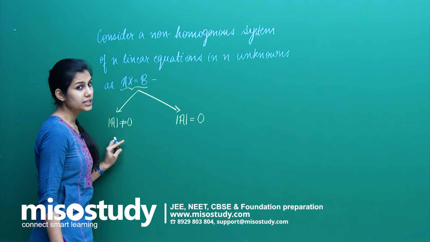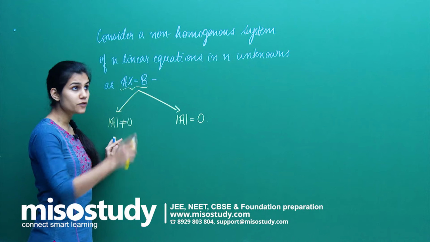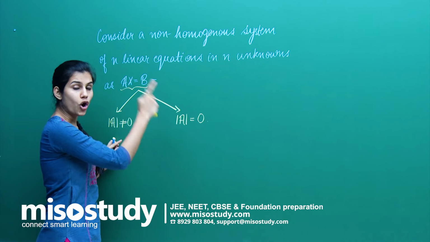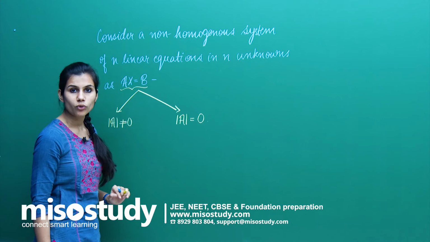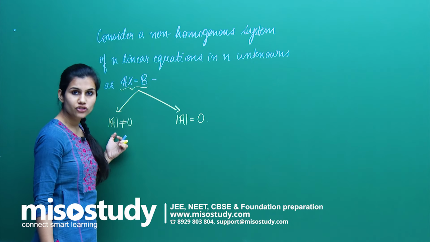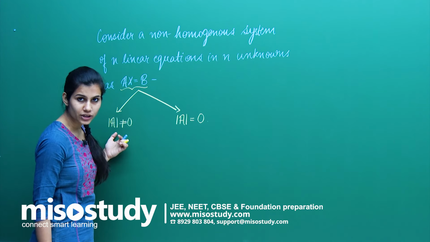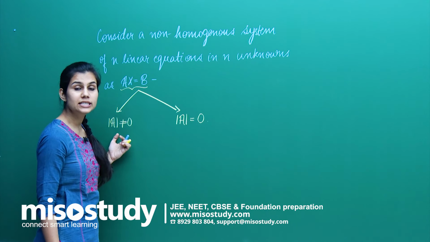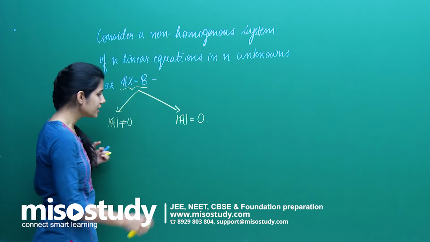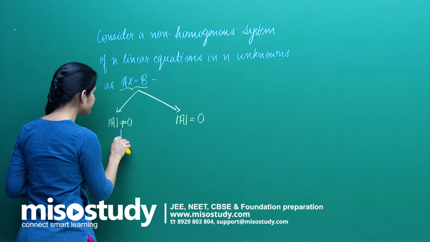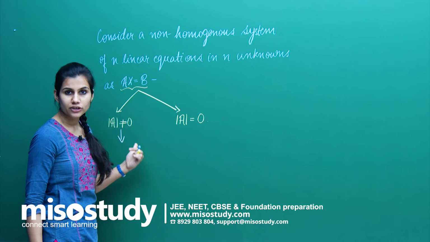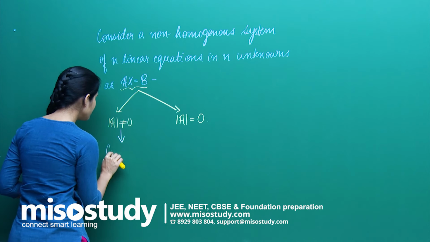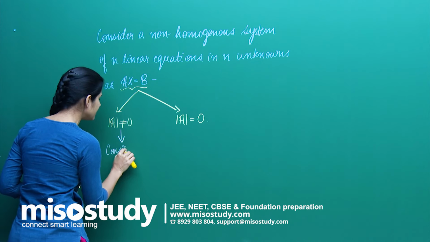So, if the determinant of the coefficient matrix of this non-homogeneous system of n equations in n unknowns is not equal to 0, that means the coefficient matrix is a non-singular matrix, an invertible square matrix, what can you say in this case? The system is definitely consistent.